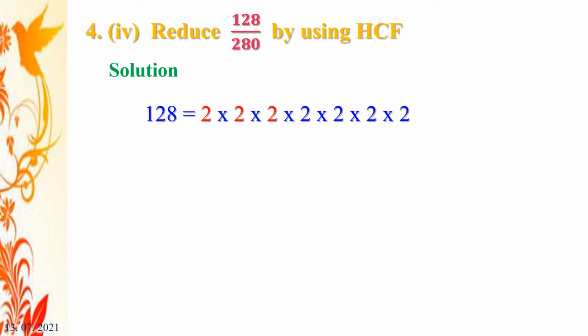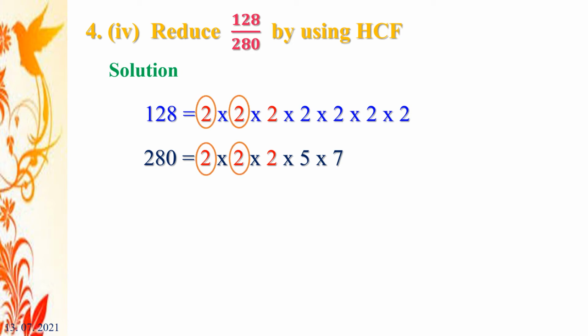Then take the denominator, that is 280, and write all its factors. 2 multiplied with 2 multiplied with 2 multiplied with 5 multiplied with 7. Now we are going to encircle the common factors, that are 2 and we have 2 and we have 2.